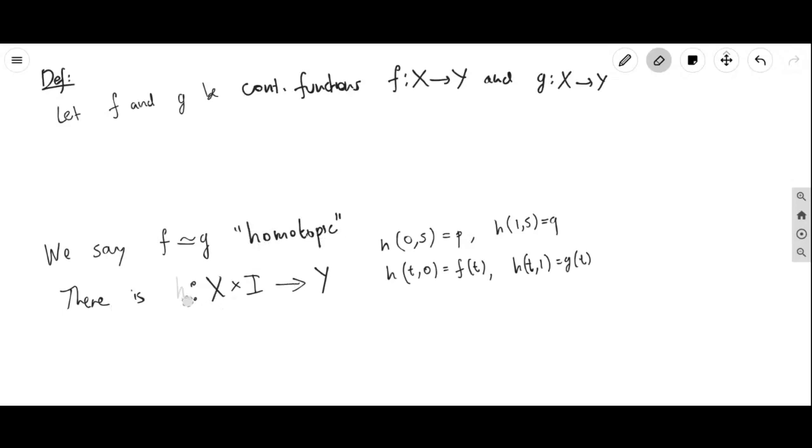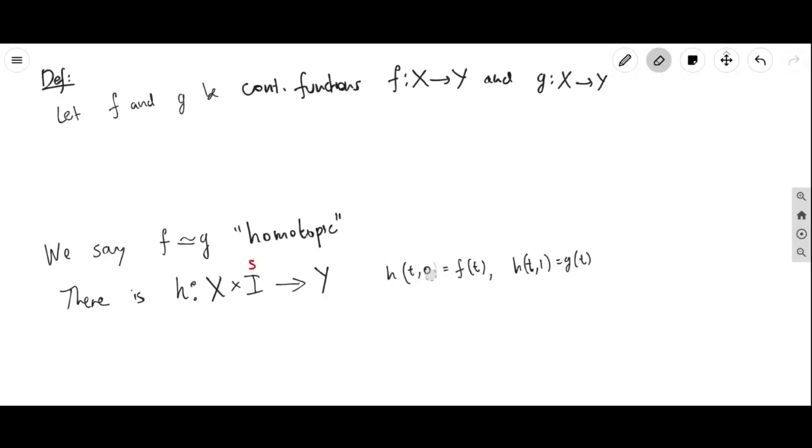If there is a homotopy, so previously it was a path homotopy, but this is just a homotopy between continuous functions. So as before, you think of this as being s, the interpolation parameter. And this time you remove this condition. This will make no sense, h0 of s equals 0. I mean, this is no longer an interval. So you remove this one, and rather this is the condition, that h of 0 gives you the first function, and when s is equal to 1, it gives you the other function.